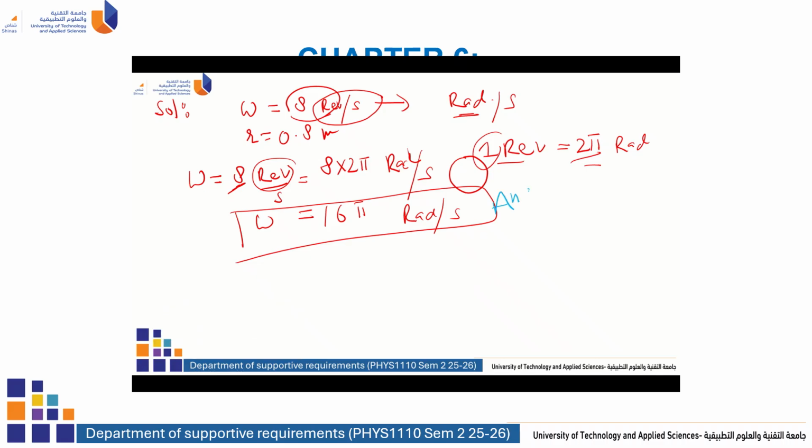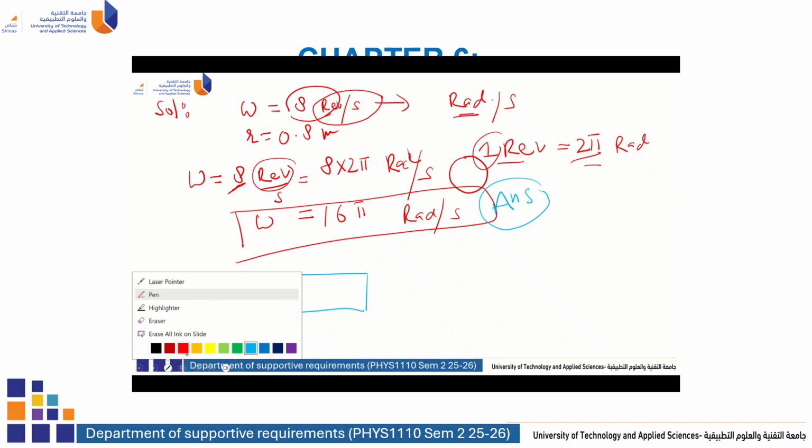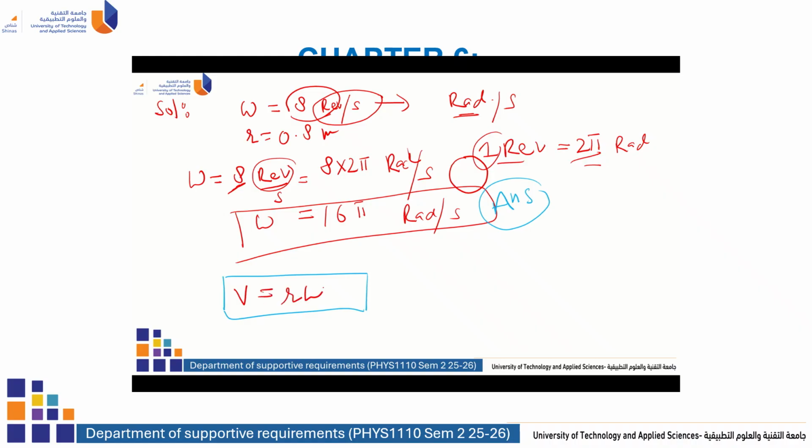Now we have the relation between the linear velocity and the angular velocity, and the relation is v equal to r omega. This is the relation between the linear speed or velocity and the angular speed or angular velocity.